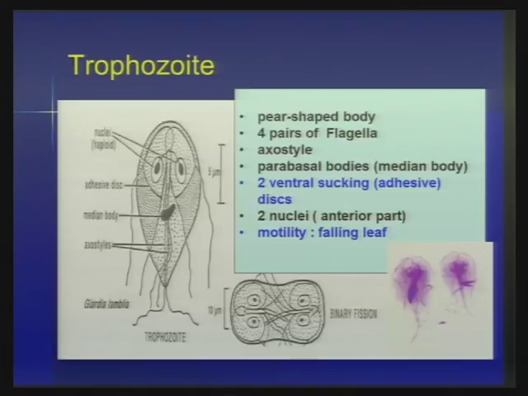And I just want to show you this morphology, the ventral sucking disc. This is here. They use this area to attach to the small intestine, only attach. They cannot invade. And the motility, you look tomorrow.